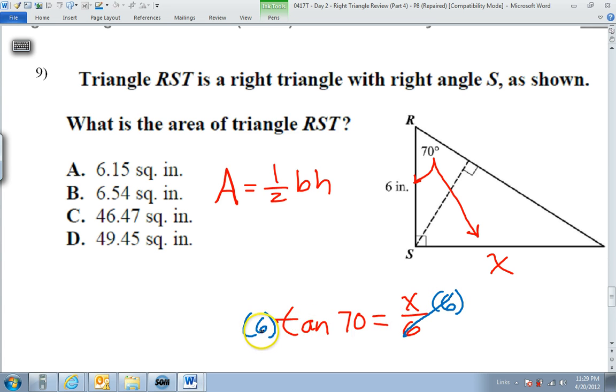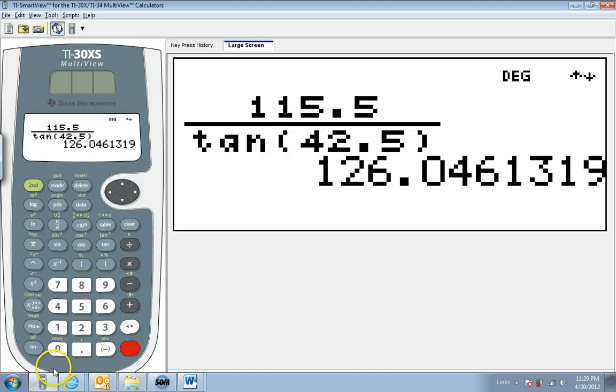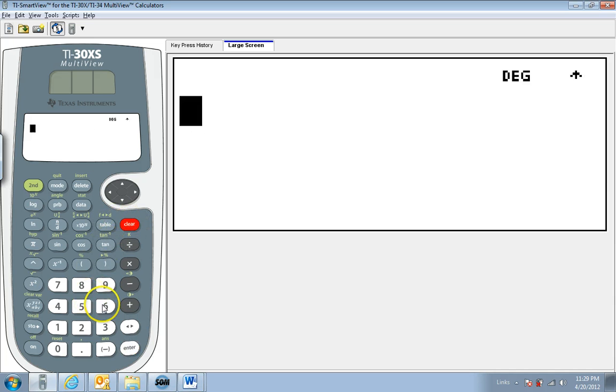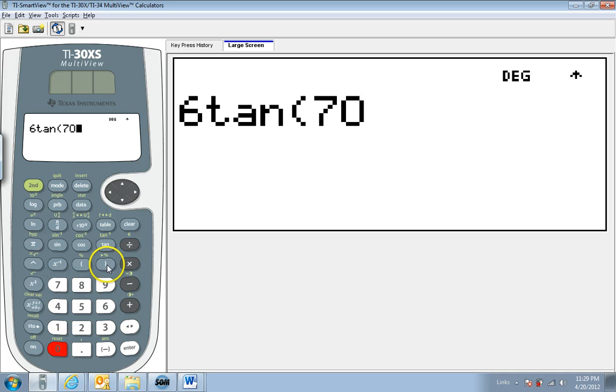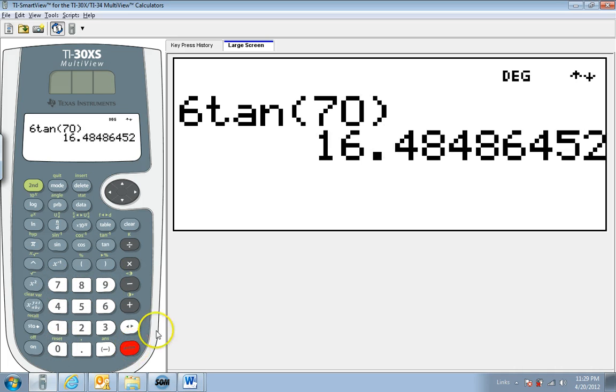Put this in your calculator. 6 tangent 70. We get 16.5.